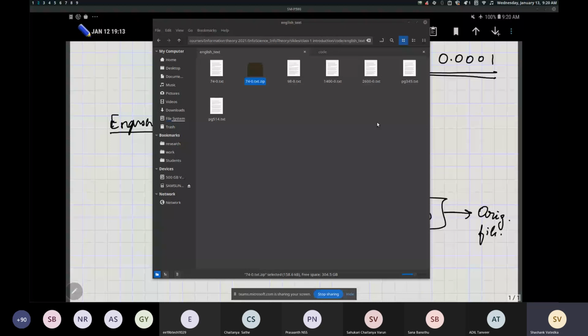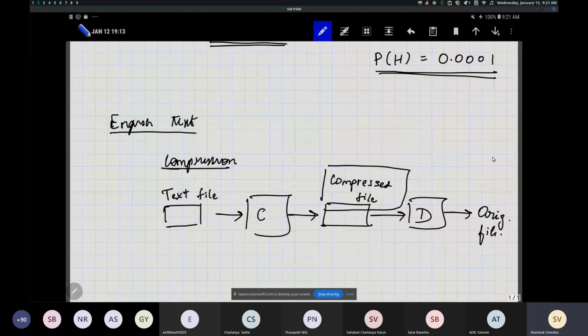So if a compression algorithm is good, then of course the compressed file should contain all the necessary information about the original text file, but nothing more. So in some sense, you are reducing the amount of redundancy which is already present in the text file.